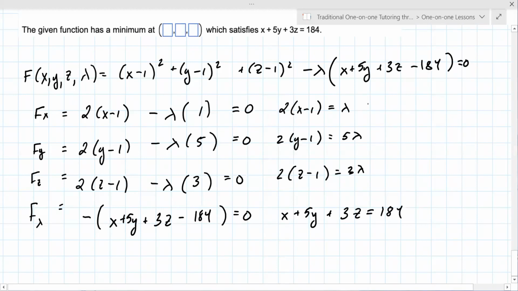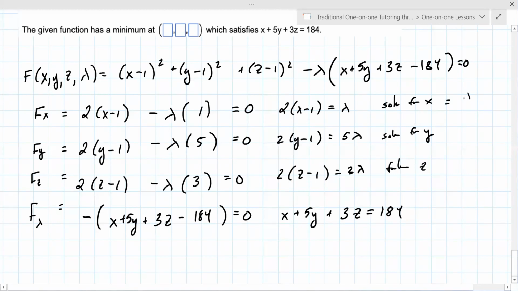So we're gonna solve each of these for the variable up here, x, y, and z, and we're gonna substitute those in here. You can probably see the path: you get x, substitute in, y, substitute in, and z, and then you can find lambda. And once you find lambda, you go back and put it in to find the x value.